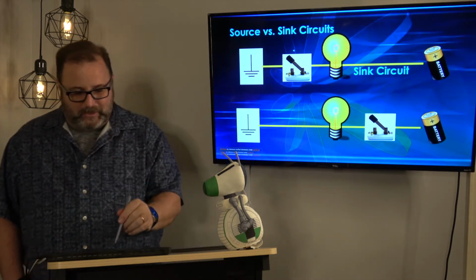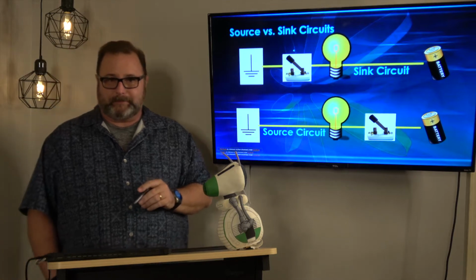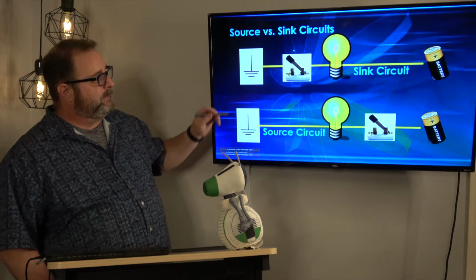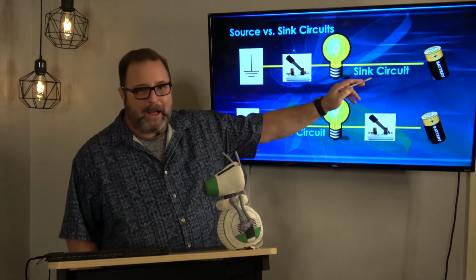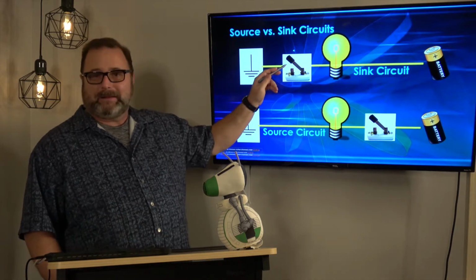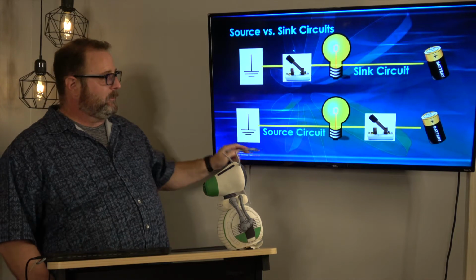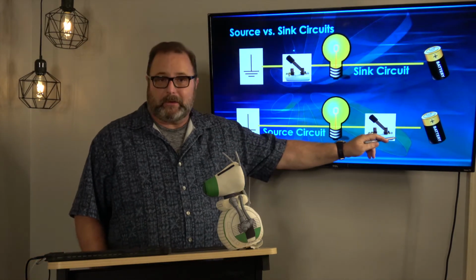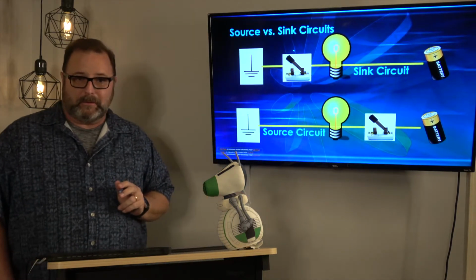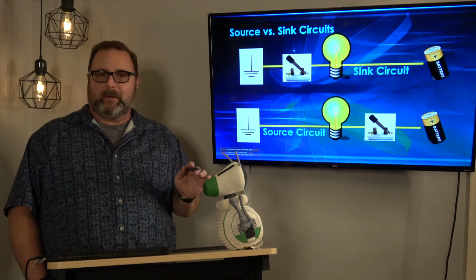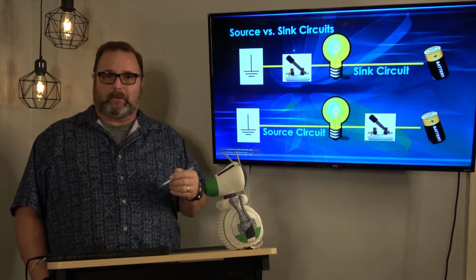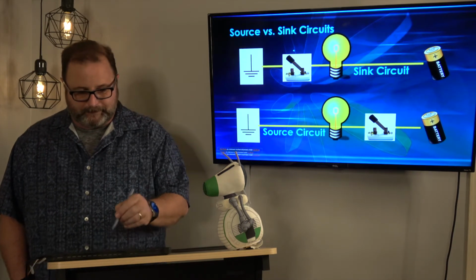So that is known as a source circuit, okay? So if it's constantly attached to the power, we're going to sync it to get it to turn on. And if it's constantly attached to the ground, we're going to source it to get it to go to ground. Okay? That's all I want you to worry about for syncing and sourcing for right now.